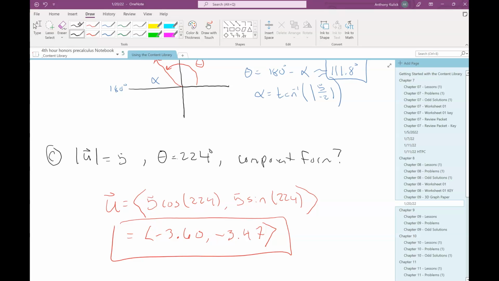However, the advantage of component form is it's way easier to do calculations with things in component form than with magnitude and direction. So more often than not, the pattern for doing a vector problem is starting with your magnitude and direction, converting that into component form, doing all your calculations, and taking your answer and converting it back into magnitude and direction at the end to report your answer.